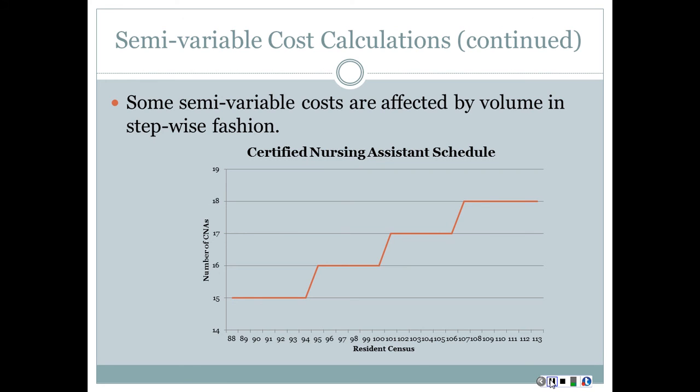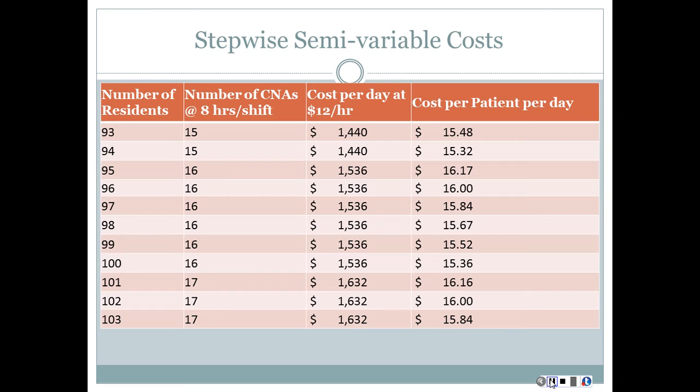Now, if we look at that on the table here, we can see that at 93 residents, we had 15 CNAs. The cost per day, considering an 8-hour shift and $12 an hour, times the 15 CNAs, was $1,440 for the CNAs for that shift. And the cost per patient per day was $15.48.